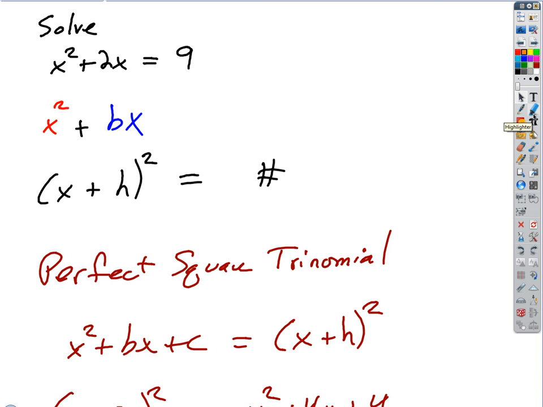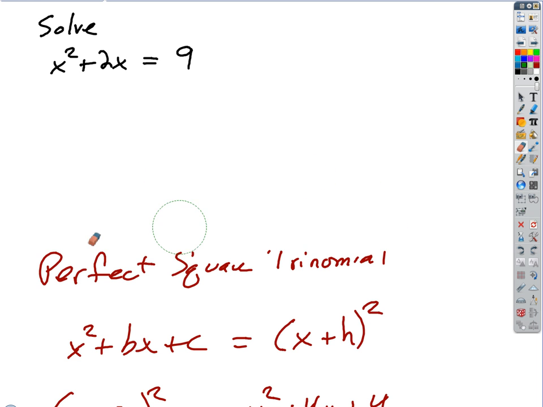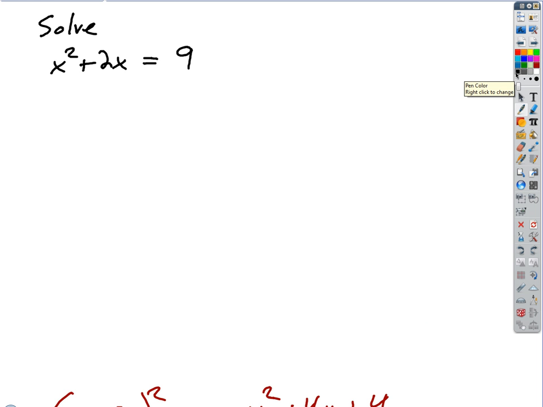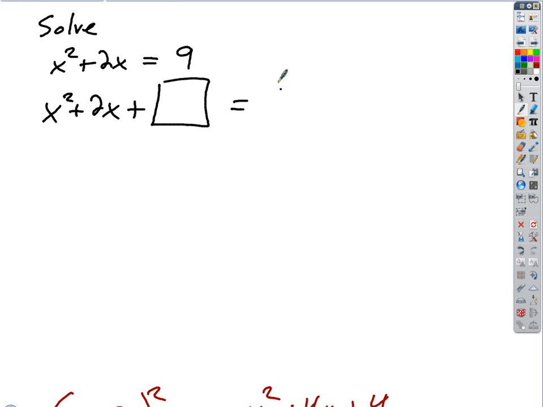If we go back to our problem that we're working on, let me just erase this stuff, and we'll finish this problem up. We've already got this 9 on the other side, right? What we want to do is turn the left side into some quantity squared. So we're going to say x squared plus 2x plus some number, and I'm going to add that number to both sides.